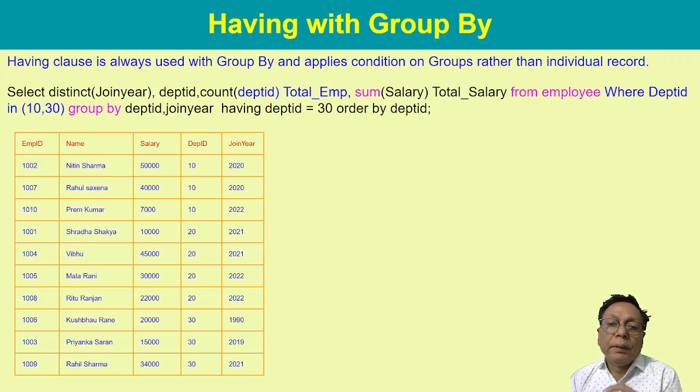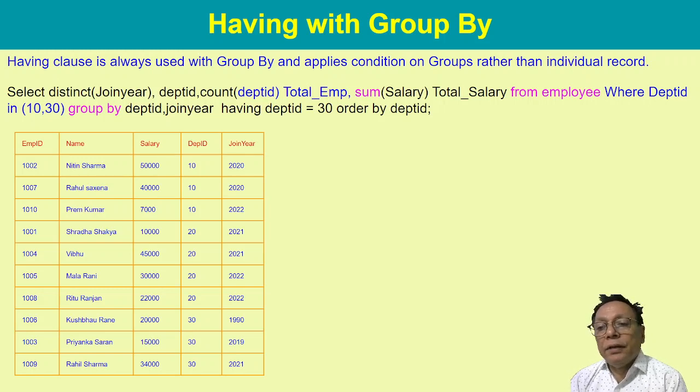Here the department number is printed and the employees are counted, and the number of employees in that department is given a common heading, total employees.